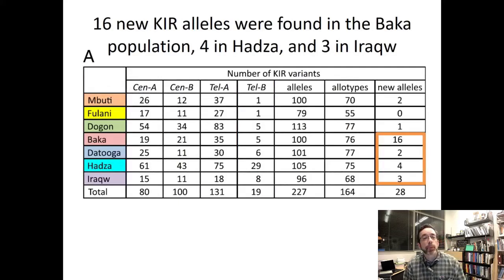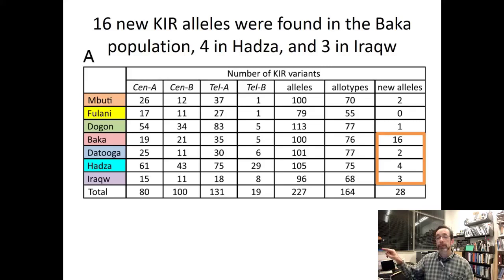Here's a breakdown of where the new KIR alleles were found. Here you have the 7 different tribes, and you have the number of sen A haplotypes versus sen B haplotypes for each one, and then the tel A haplotypes versus the tel B haplotypes. Not everybody has to fall into a haplotype. Some of them, I believe, are non-haplotypes.